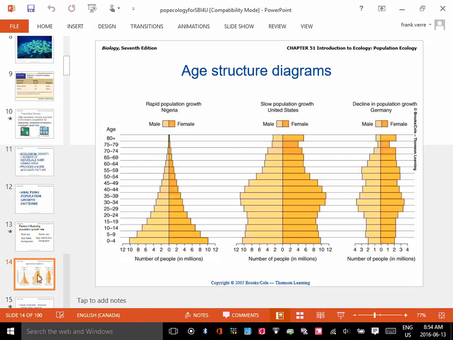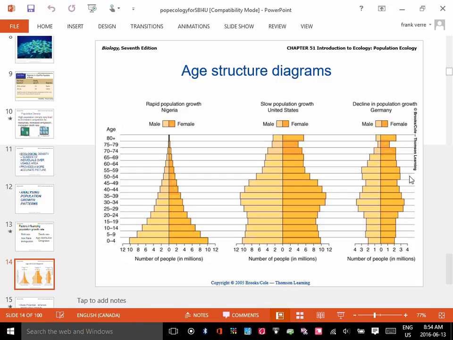If you look at Germany, the biggest group is actually where? Not at the bottom. It's in the middle. Okay? So this looks like an actual pyramid.